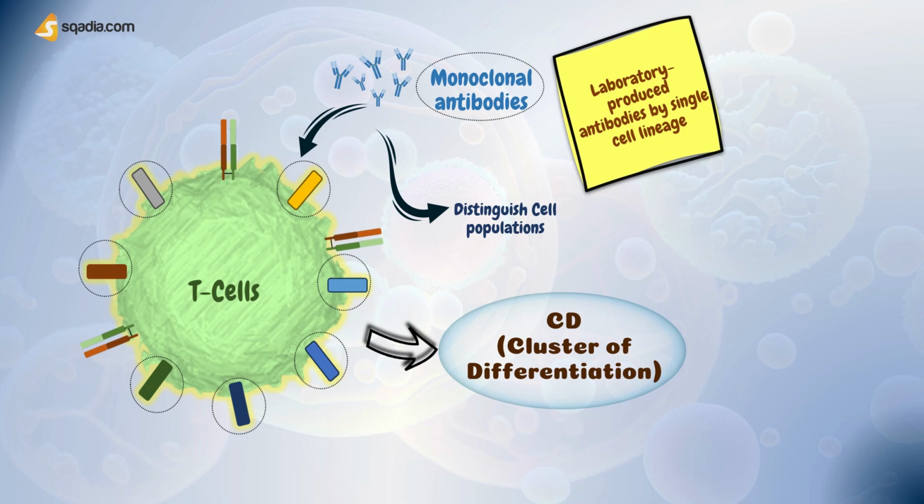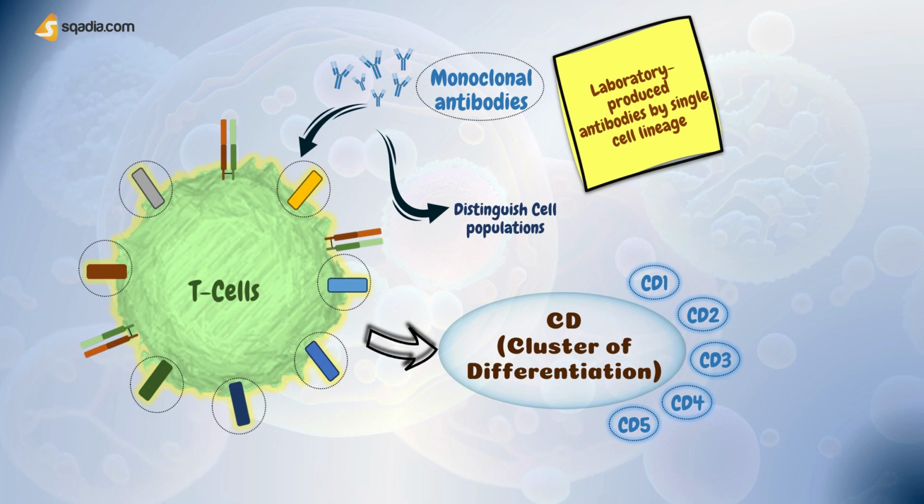And these CD proteins, short for cluster of differentiation proteins, are a classification system used to identify and categorize cell surface molecules found on various immune cells, including T cells, B cells, natural killer or NK cells, and others. This CD nomenclature assigns a specific number to each protein, with the CD designation at the beginning followed by a number, indicating its presence or absence on different cell types or stages of cellular activation.